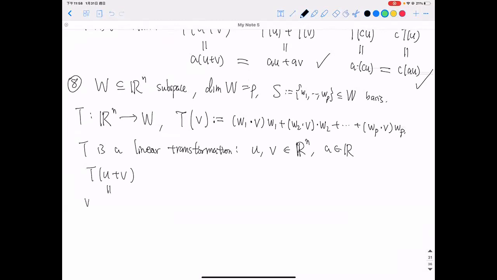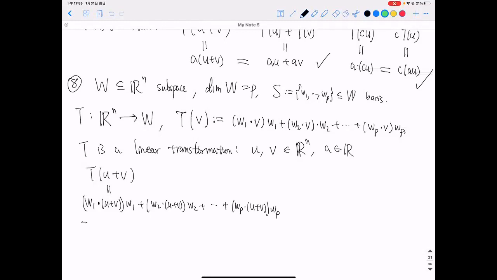This is a bit lengthy. (w1 dot (u plus v)) as a number times w1, (w2 dot (u plus v)) times w2, and so on down to (wp dot (u plus v)) times wp.